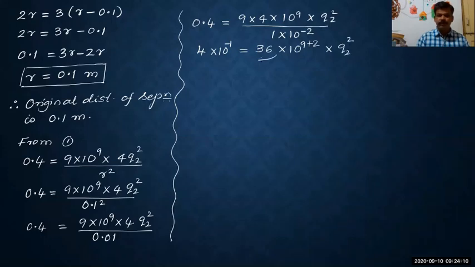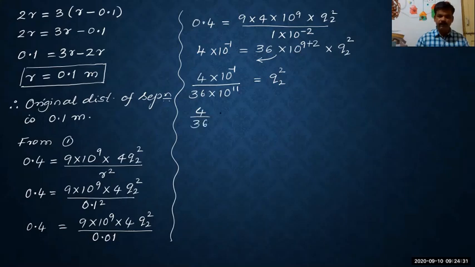Now shift this part. It is 4 into 10 raised to minus 1 divided by 36 into 10 raised to 11. Right? So Q2 square is left on the RHS. Otherwise you do one thing, that is, you write it as it is, then it will be 10 raised to minus 12.